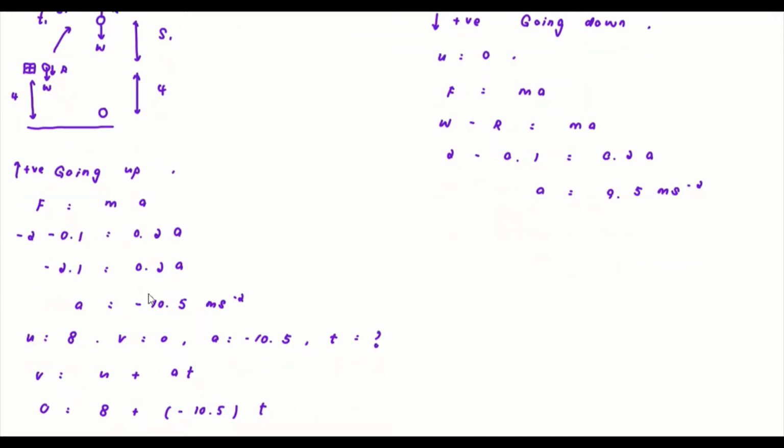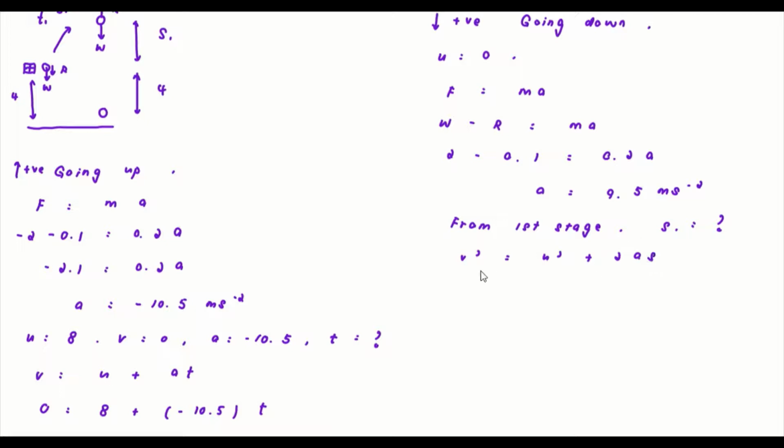We can use a similar approach. From the first stage, we try to find S1. With u, v, a, we can use v squared equals u squared plus 2as.